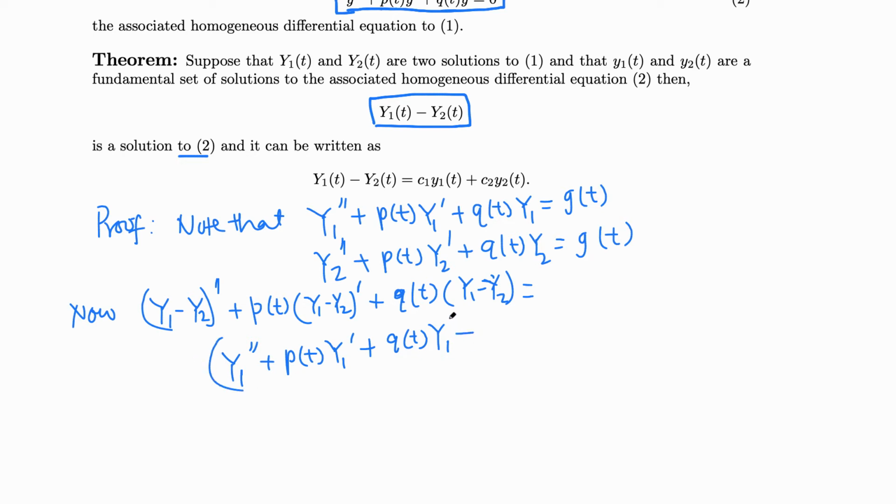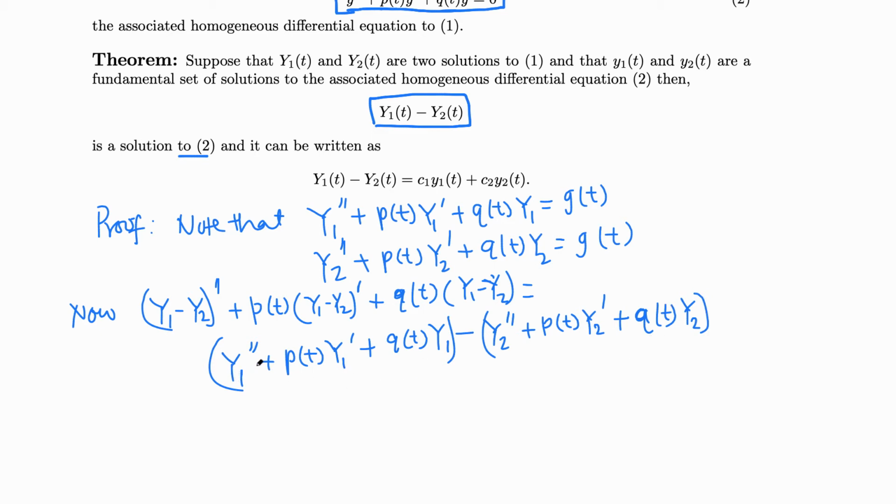Y2 double prime here is negative, but if I factor out the negative, it's going to be plus p(t) Y2 prime plus q(t) Y2. So this can be simplified to this.